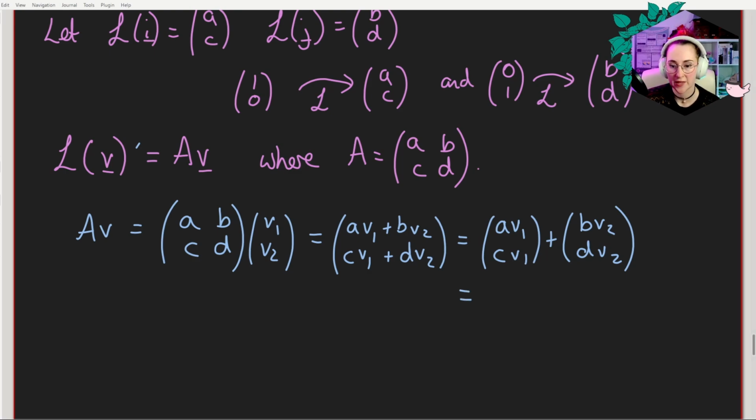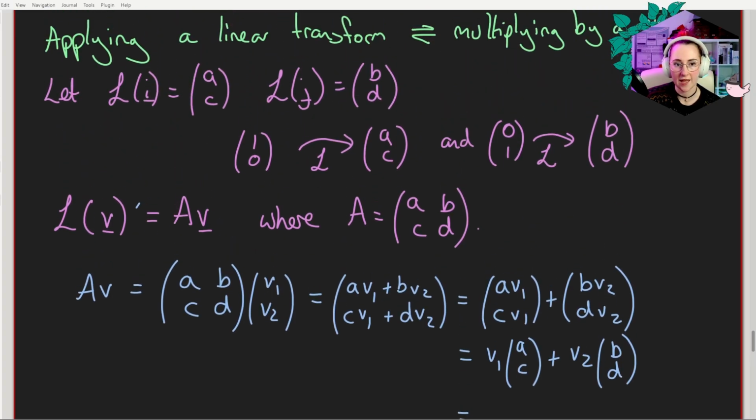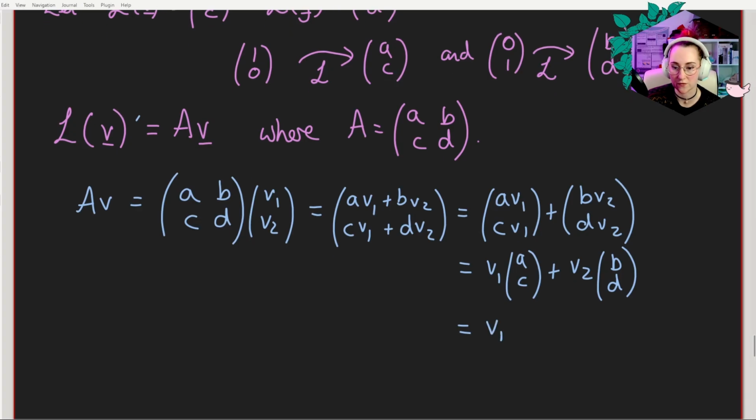Then I can pull out my coefficients. This is V1 times (A, C) add V2 times (B, D). But I told you that (A, C) was the transform of I, and (B, D) was the transform of J. So this is the same as V1 L of I plus V2 L of J.